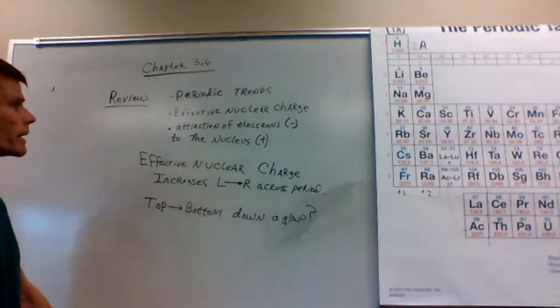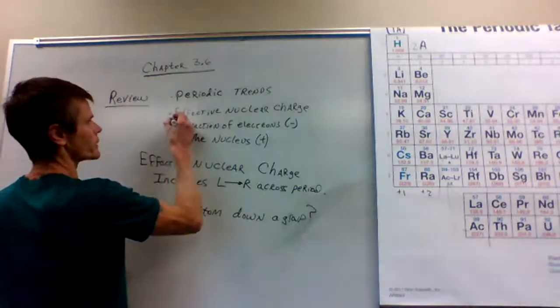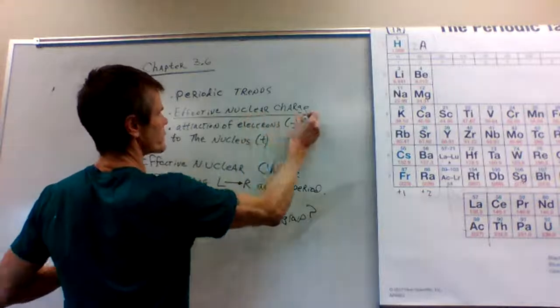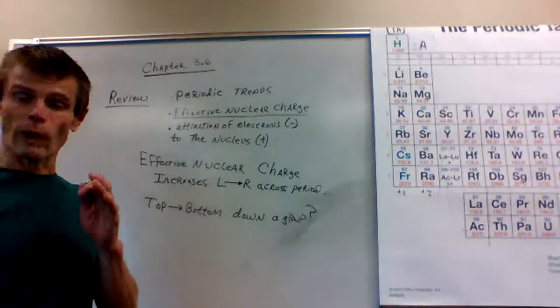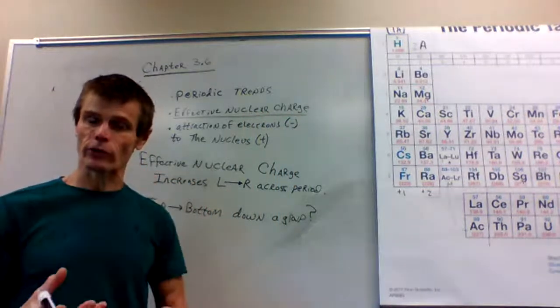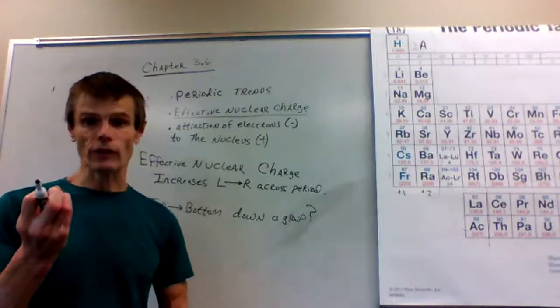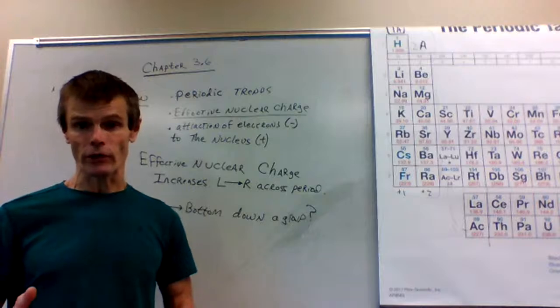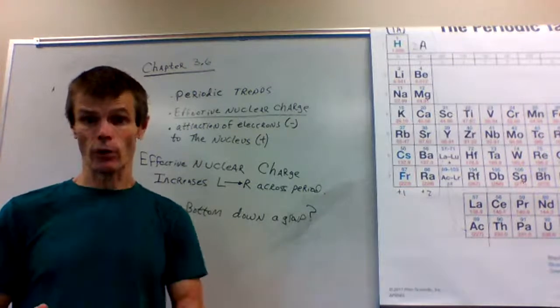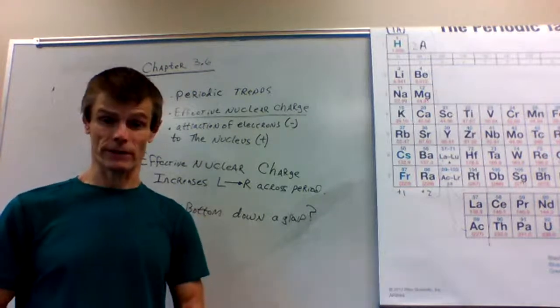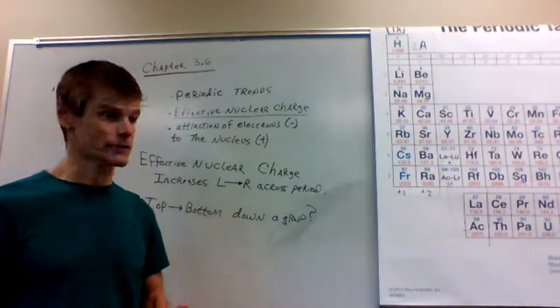One particular aspect we discussed during our last lecture was effective nuclear charge. I decided to discuss the effective nuclear charge first because it is important to understand trends in effective nuclear charge if we want to understand other properties of elements that we'll be discussing, such as today with atomic radius.